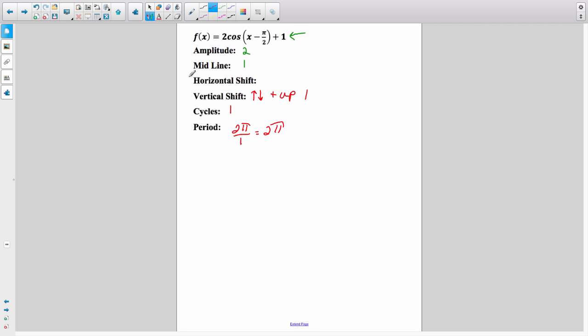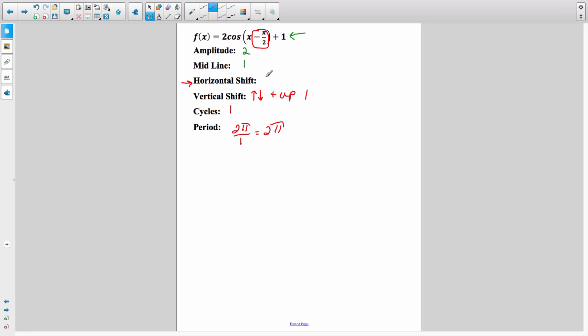Okay, so let's talk about this new thing now, the horizontal shift, left and right. What did it do? It went negative pi over 2, which we say is in the opposite direction. There's no B involved, so it is what it is.